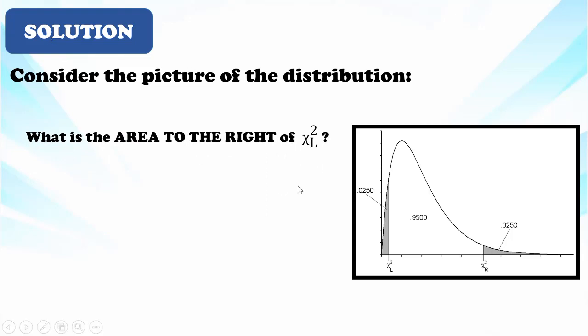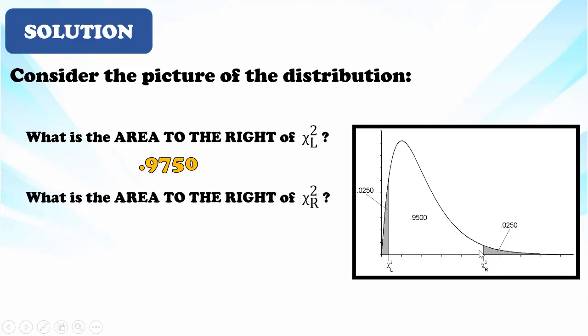So when we look on our picture, we find the chi-square L. The area to the right is going to be these two regions, the 0.9500 area and the 0.0250. When we add those together, we get 0.9750. When we look for the area to the right of the chi-square R value, that's just the right-hand tail, which is 0.0250. And remember what we said, that these two areas will always add up to 1.